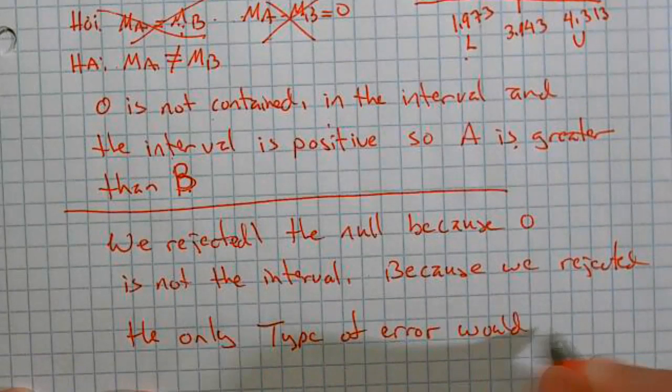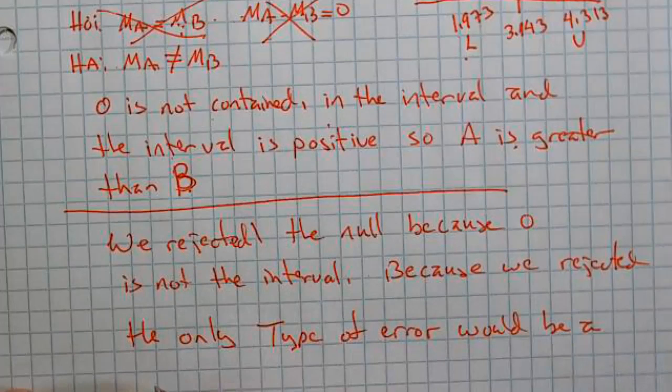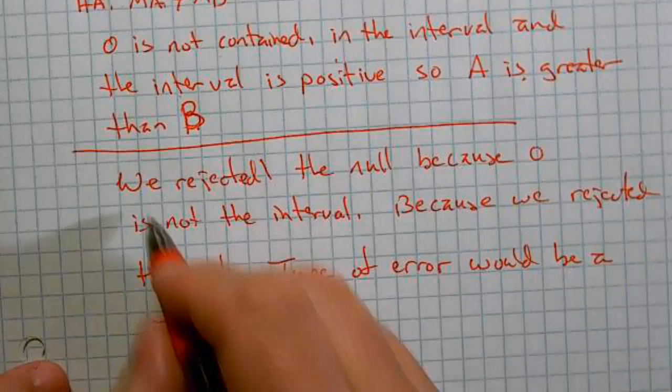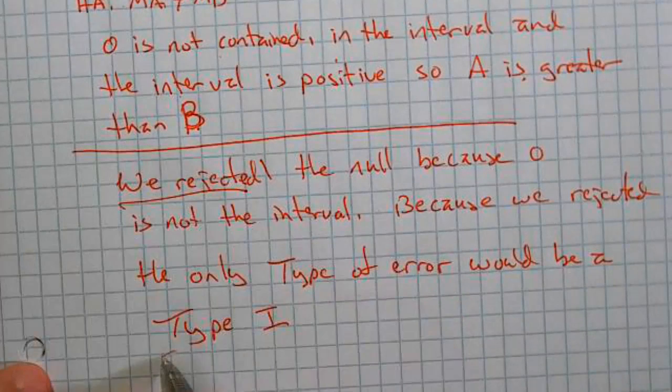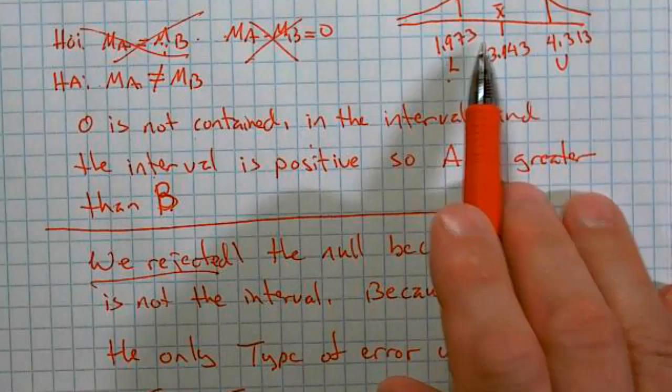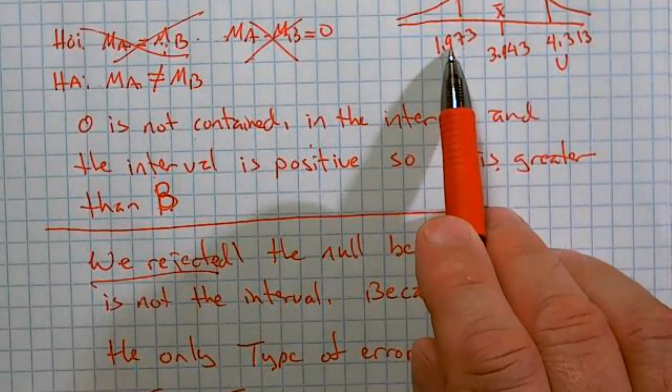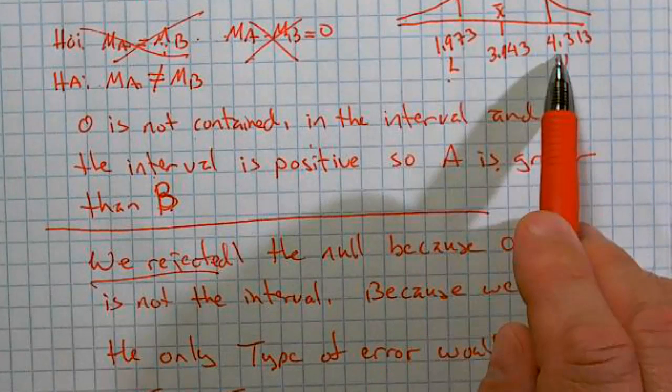would be a type 1. We reject, type 1. Okay, if we reject with type 1, and the reason we reject it is because 0 was not in the interval. In other words, our plausible values are 1.97 to 4.3.